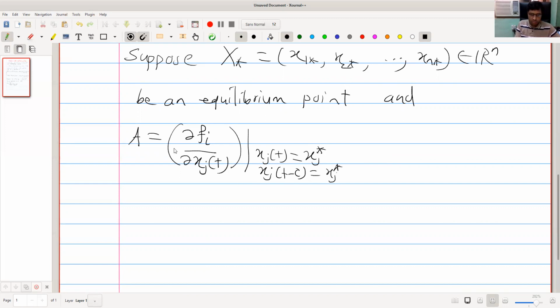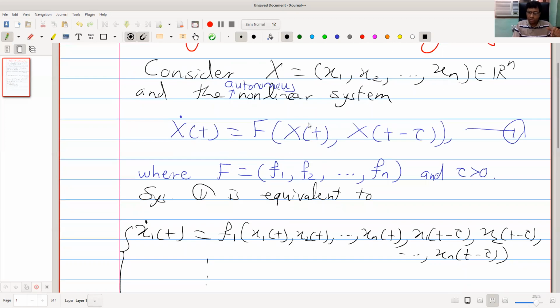Here both i and j are from 1 to n. This is an n by n matrix, and this is the general element. i represents the row number, j represents the column number. This is nothing but the Jacobian matrix of capital F with respect to the first n components, given by capital X of t.